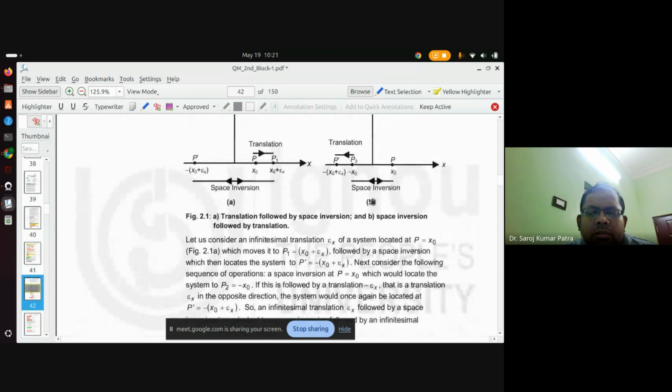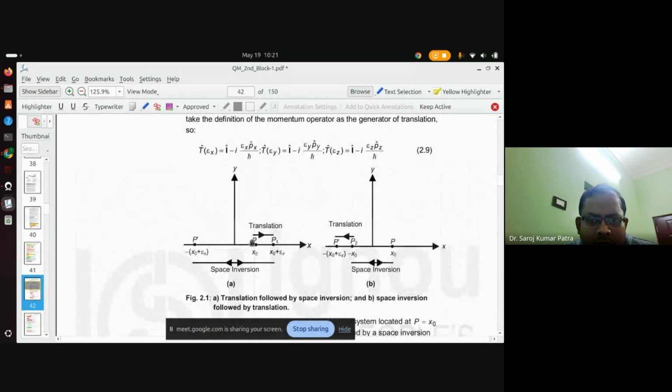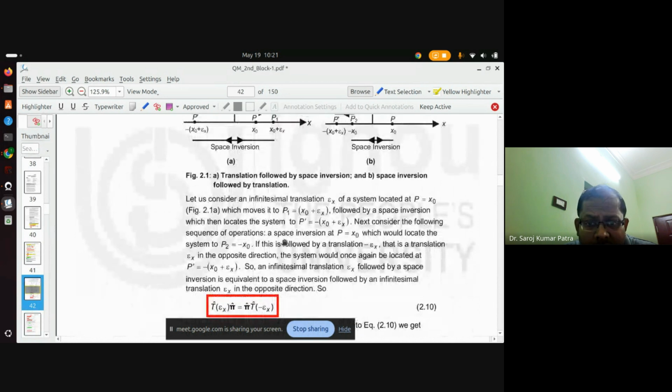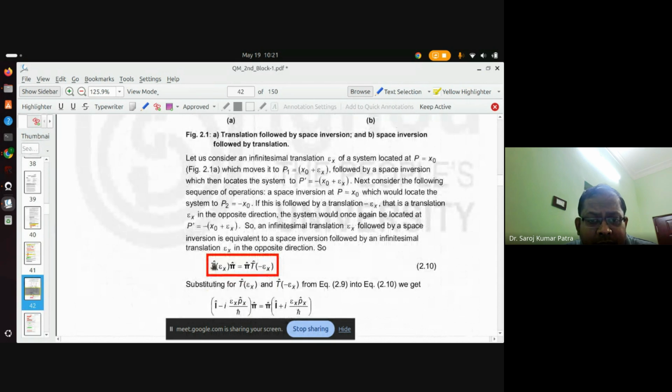So the system is translated in this direction, and when parity is applied it will go in the opposite direction, space inversion happens, right? So that is why T and pi, the product, will be equal to pi T with a minus epsilon x.